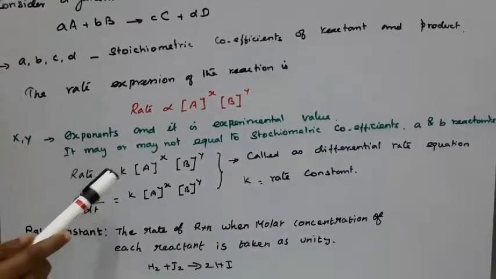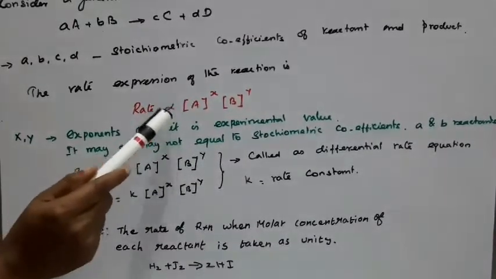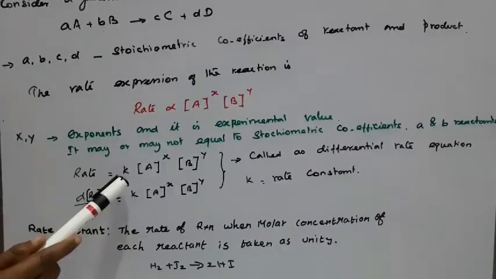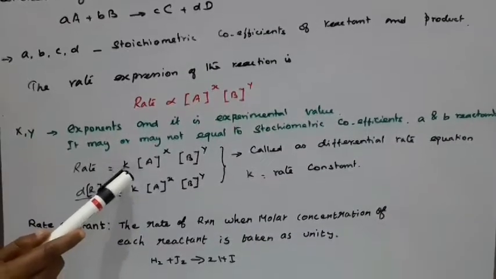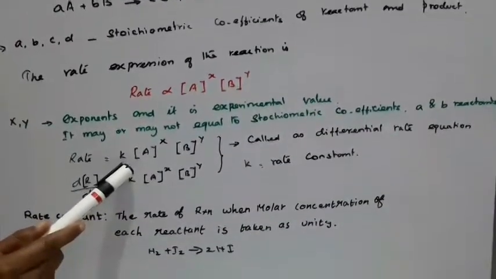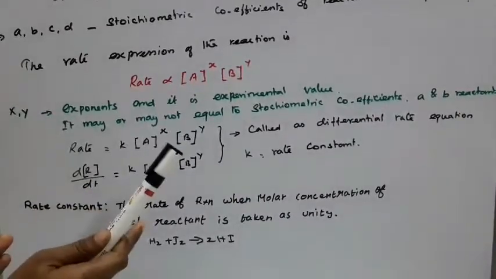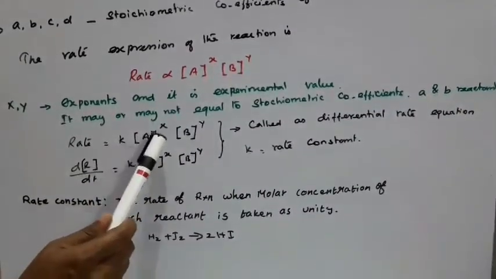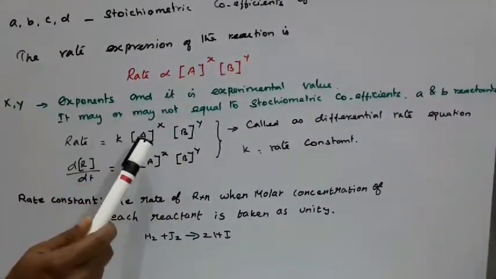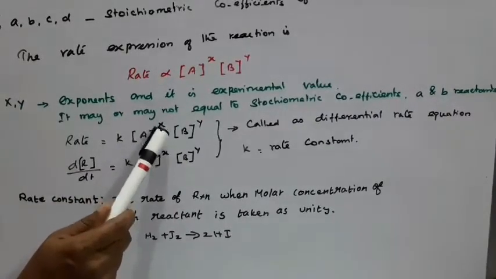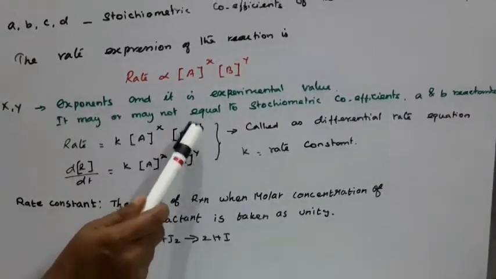So rate is proportional to, and we can write, k, where k represents the rate constant, times the molar concentrations of the reactants: reactant A raised to the power x and reactant B raised to the power y.